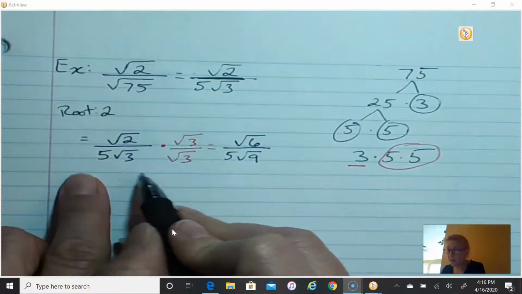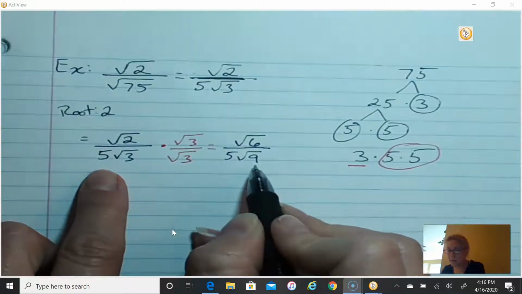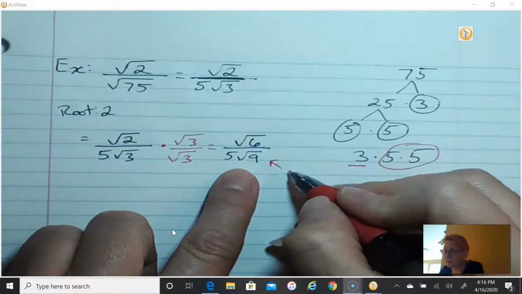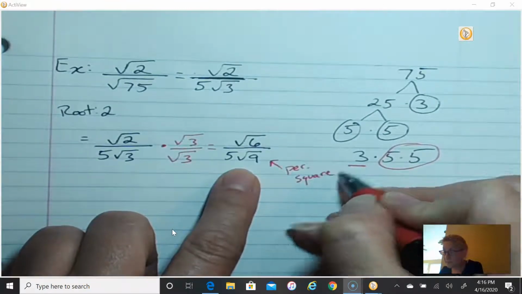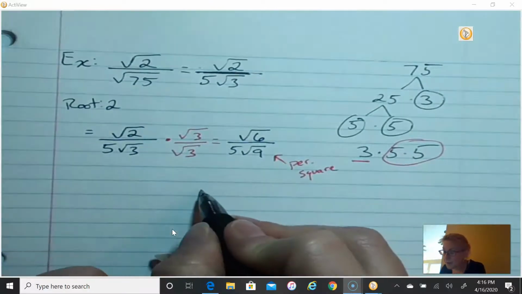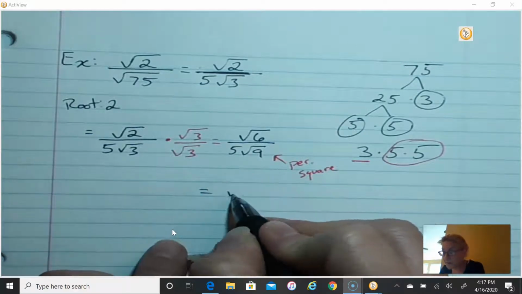Notice I just brought over that 5. And that 3 times 3 is 9. What is that 9? That 9 is a perfect square, right? Okay, so what is the square root of 9? 3.